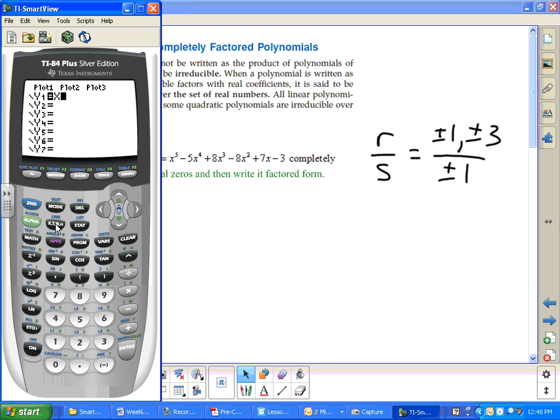X to the 5th, 5x to the 4th, 8x cubed, minus 8x squared, plus 7x and minus 3.